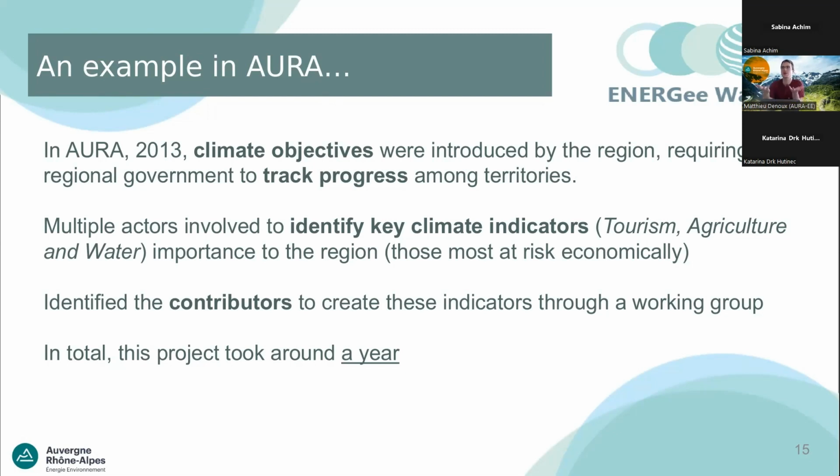So the idea was to identify some indicators that could help the region track the progress of those territories, especially the sectors and territories that were most at risk economically. First we identified the contributors in the region that were going to help us create and select these indicators. The whole project took a year.